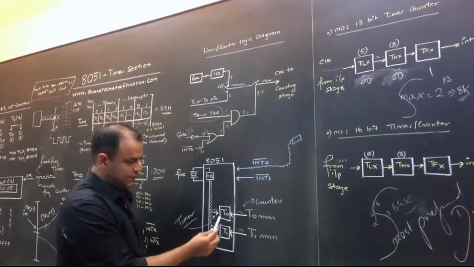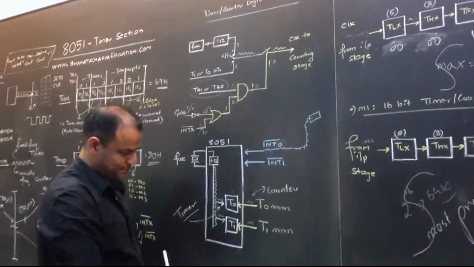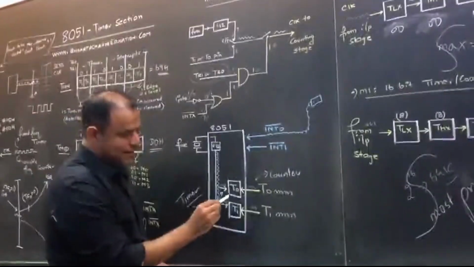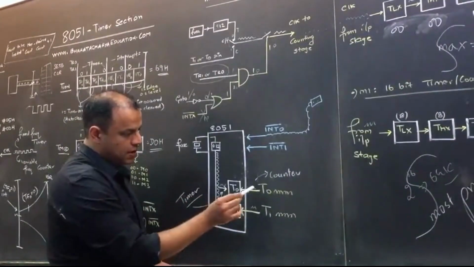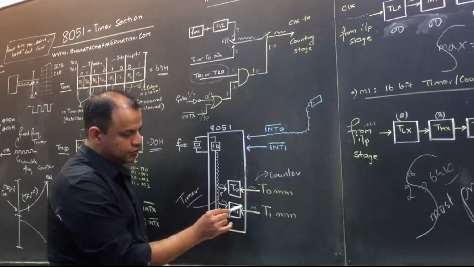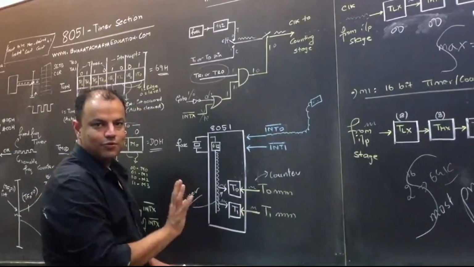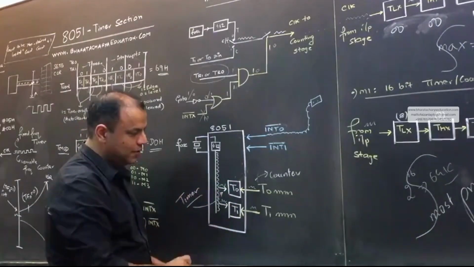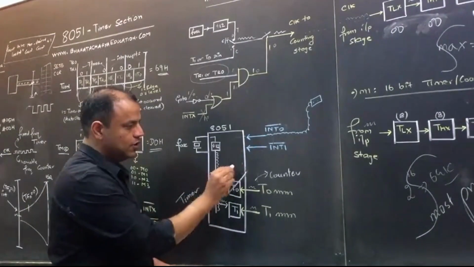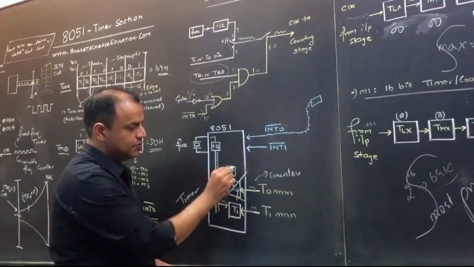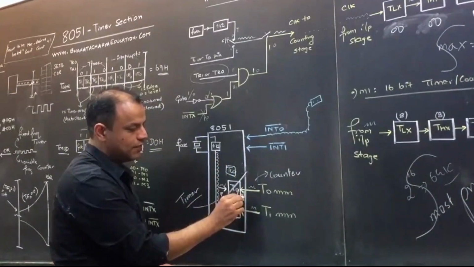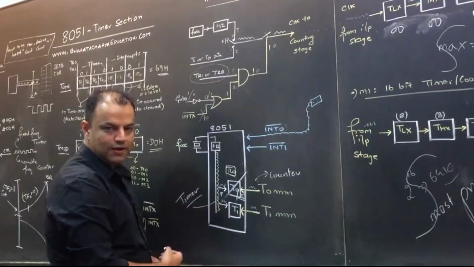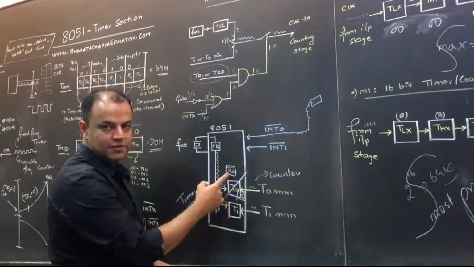You have 2 timers, timer 0 and timer 1. Both can work as timers using internal clock. Both can work as counters using external clock. This is how you are working so far. 2 timers, 2 pins. Now what has happened? You have split timer 0 into 2 independent 8-bit timers. Timer 0 lower byte, timer 0 higher byte. And you have your good old timer 1. That means now you have 3 timers in the system.